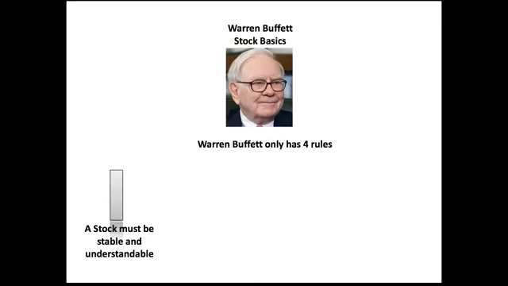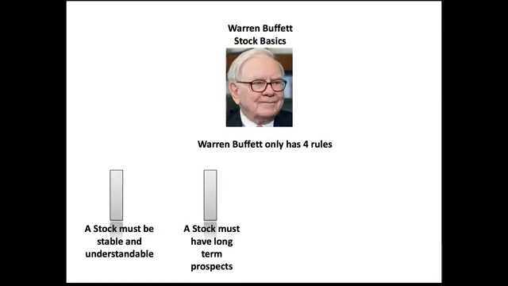When the company is producing the same earnings year in and year out, and they consistently grow their equity at 10% a year, or whatever the case might be, he can predict what that company is going to be worth next year and the year after that. And so one of his 4 rules that he absolutely sticks to is that he never invests in a company that he doesn't determine is stable and something that he can understand.